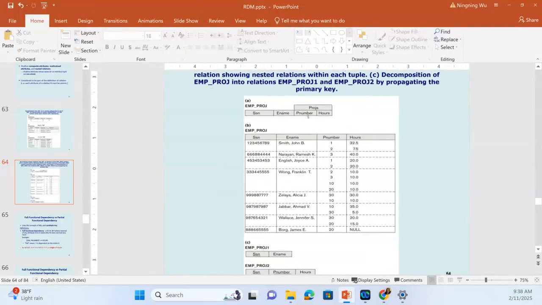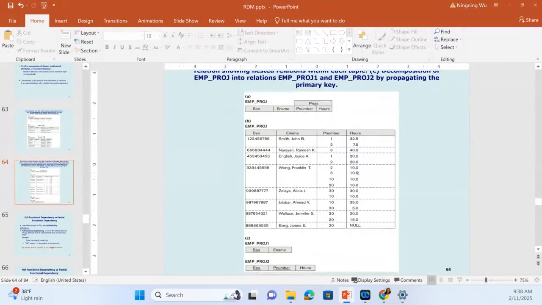To convert it to 1NF, we use the normalization process, which means we split or decompose this relation EMP_PROJ into two smaller, separate relations, each in 1NF.